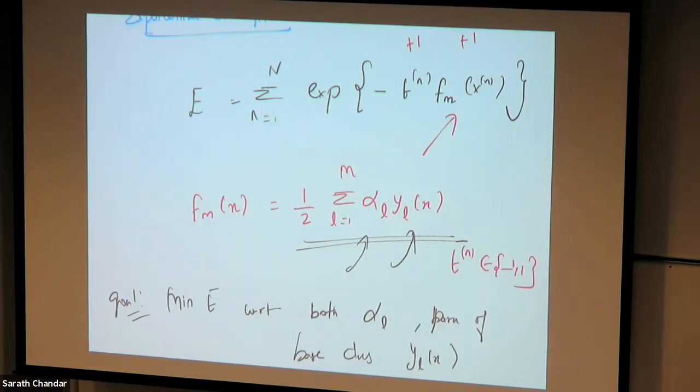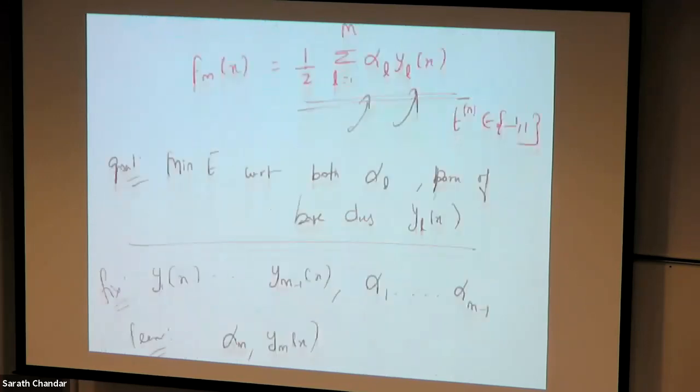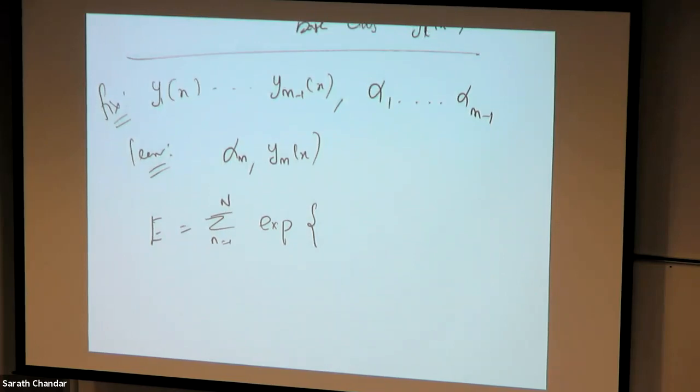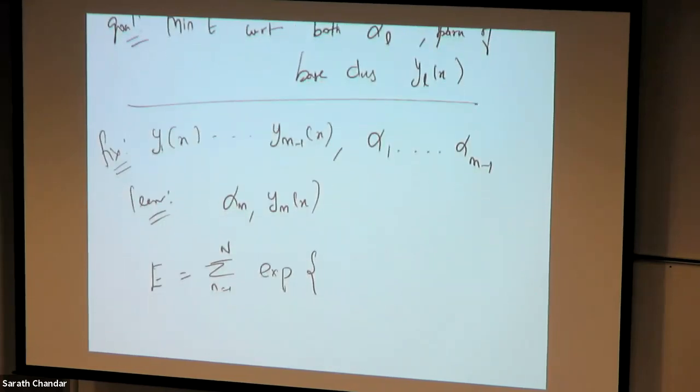I think I need a half in the error function, but it is okay. So exp of minus t of n, f m of x of n, right?